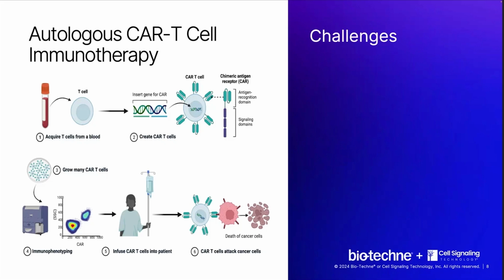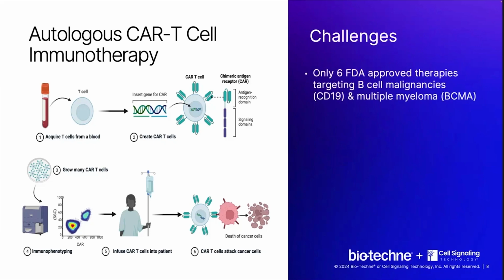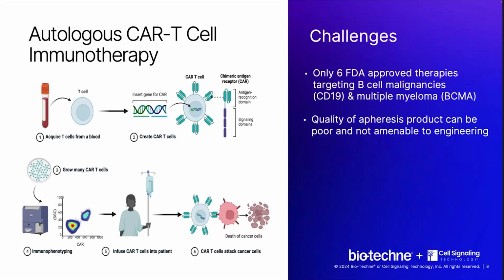While this therapeutic modality has achieved tremendous success in the setting of heme malignancies, currently there are 6 FDA-approved therapies targeting CD19 and BCMA surface antigens. There are still many opportunities for improvement. For example, patients do not receive CAR T cells as a first line of therapy, and those who do receive this therapy often are heavily pretreated with chemotherapeutics, which can negatively impact T cell fitness and their ability to be genetically modified.